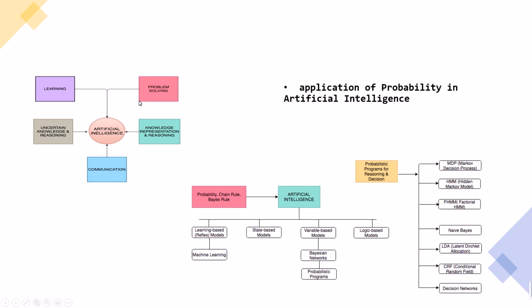The list contains hidden Markov models, Markov decision processes, and many more. The diagram lists network-based probabilistic programs for reasoning over time for decisions. Each model is listed with respect to its area, like learning-based for machine learning.